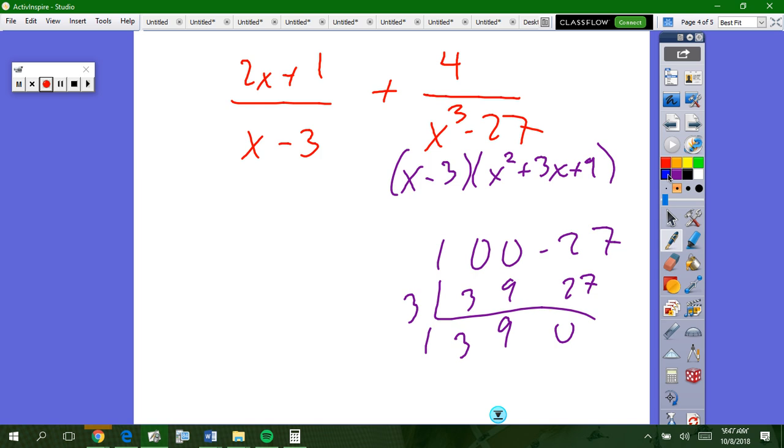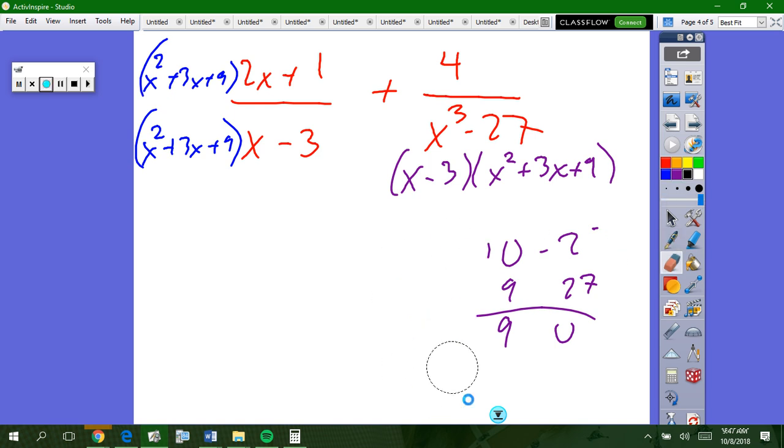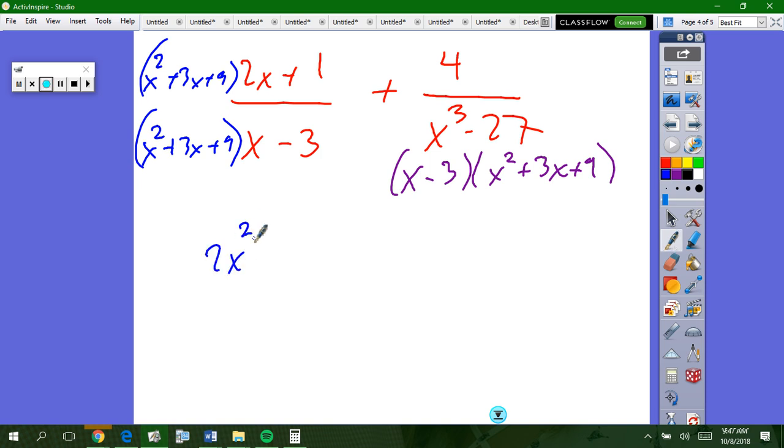What does this guy want? He wants x squared plus 3x plus 9. I'm going to erase this. So I get 2x squared cubed plus 6x squared. What the heck am I doing? Plus 2x. Isn't it?